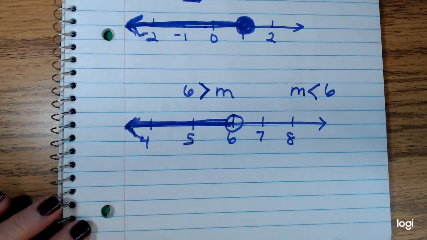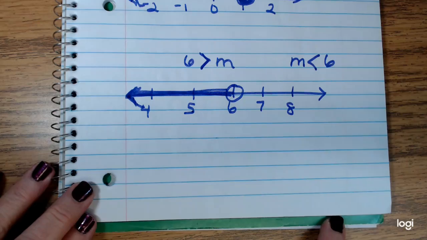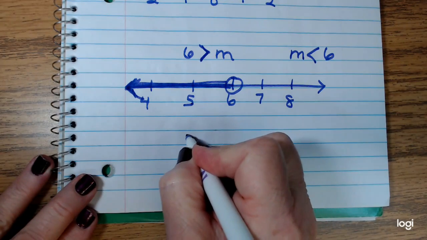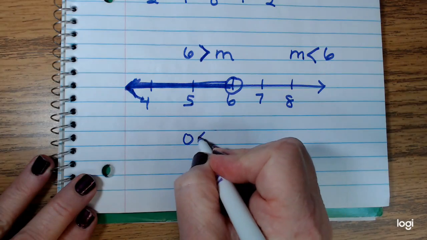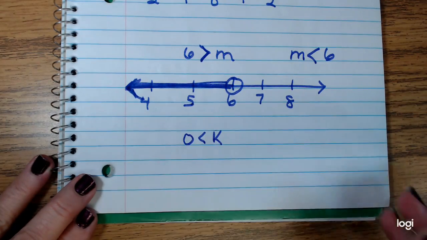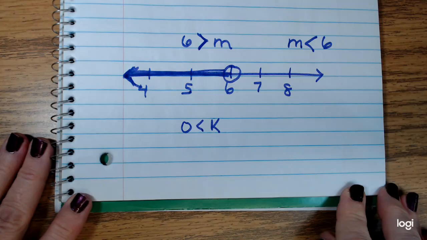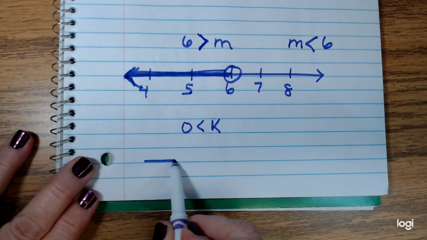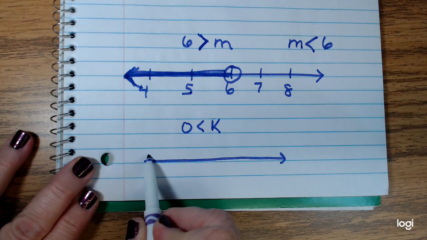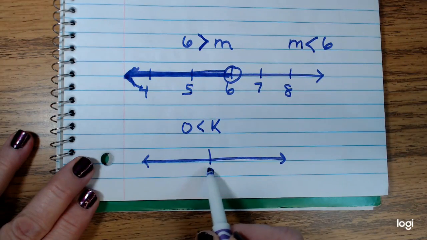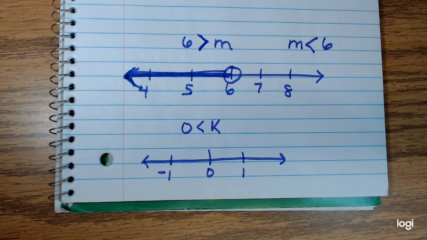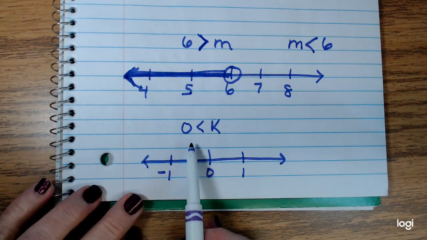All right, let's see if I can do another one that's backwards for you. What if I gave you, let's say, 0 is less than k. Make your number line for me. Okay. Once again, did you notice this is backwards?